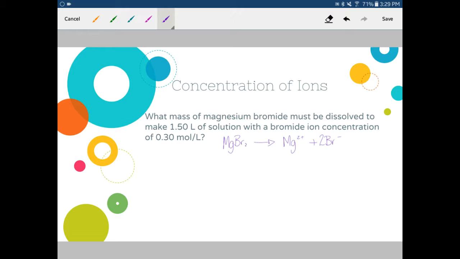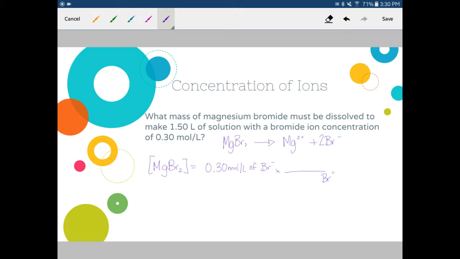Now, my total concentration of magnesium bromide is my 0.30 moles per liter. Now remember, this is moles per liter of bromide ions, so this is Br-. Again, I'm going to multiply it by my mole ratio, and my mole ratio is really important.